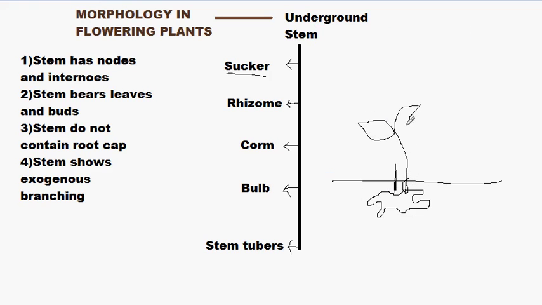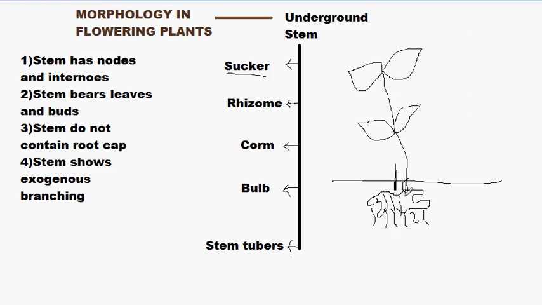Okay, pretty interesting. And this is the underground stem, and it will possess some roots also. The roots will be very reduced, and they will be present like this. They are obviously adventitious roots. And there will be nodes and internodes also present over there.